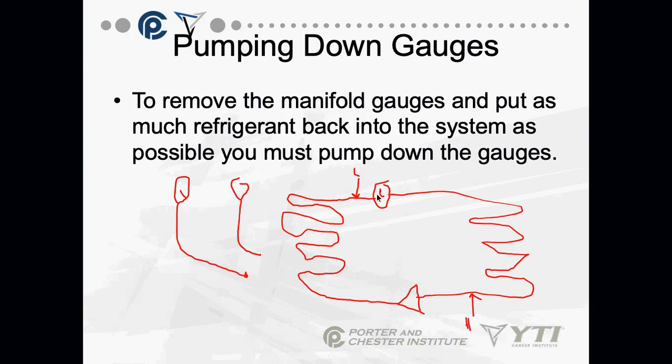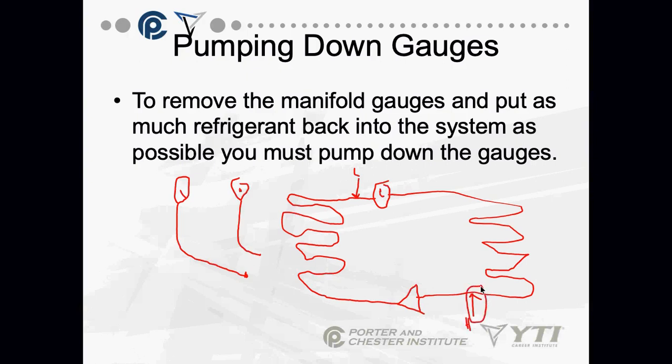Now, if I have my gauges on here, my red hose, which is my high side, or whatever color hose, but most often it's red, connected to there, is full of liquid. Liquid has more, basically when it boils off, there's more refrigerant lost out of a system. We'll talk much more about that in the next course.